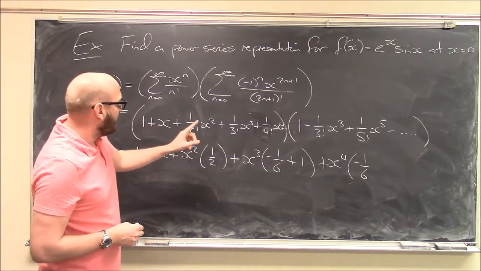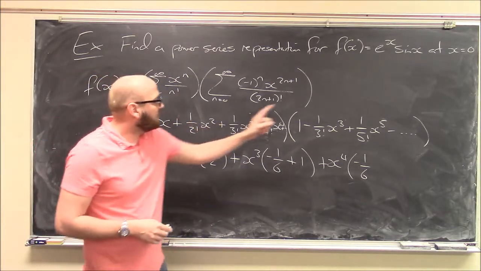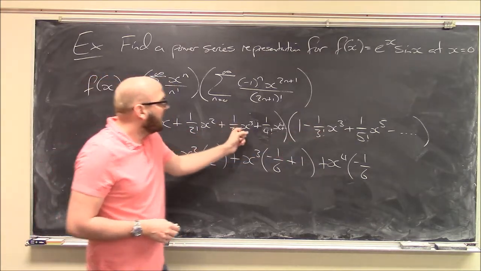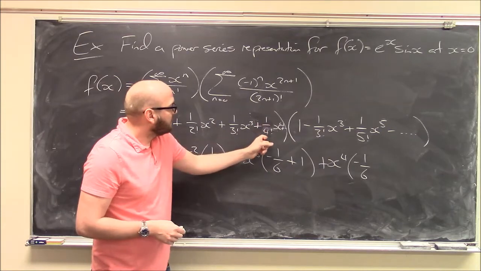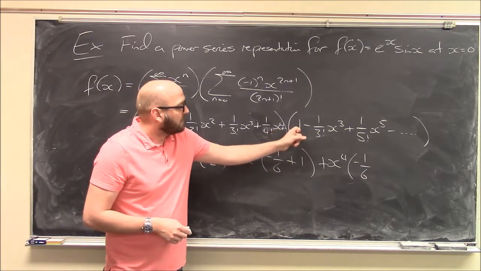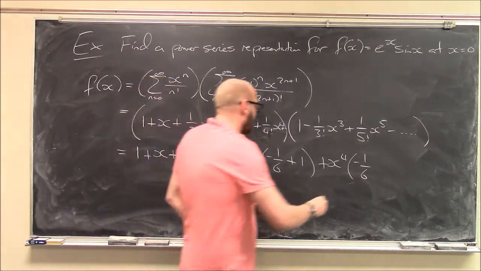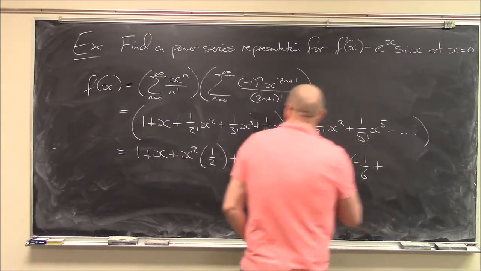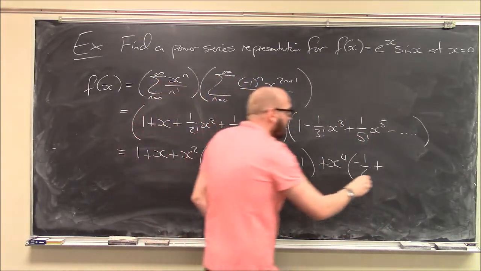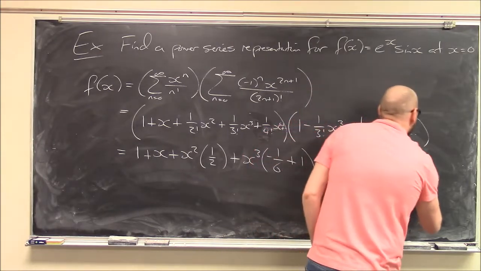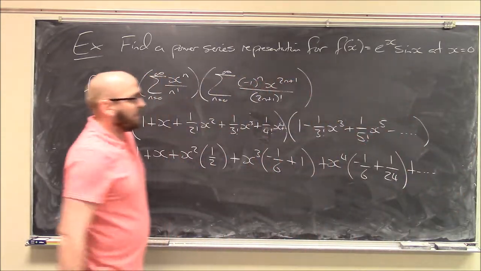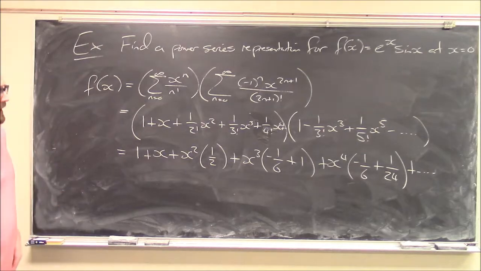Or I could do, I think, x squared times all this stuff doesn't give me x to the fourth terms, x cubed times all this stuff doesn't give me x to the fourth terms, but this guy, 1 over 4 factorial times x to the fourth times 1 gives me an x to the fourth term. So this is plus 1 over 4 factorial, which is 1 over 24. And so on, plus x to the fifth times some stuff and whatnot.